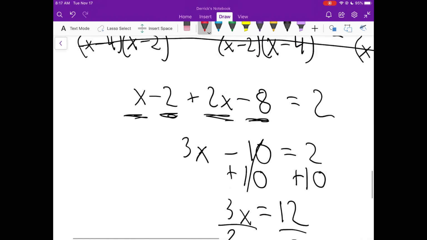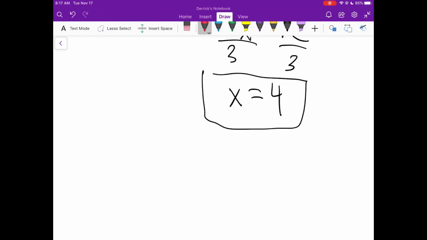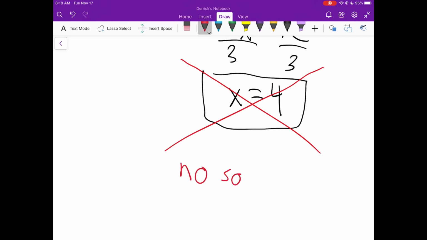And so we can't have an answer of x equals 4, because when we plug 4 back in, it doesn't work. But 4 is the only number we came up with in our math, so we can't get another answer, and this answer doesn't work, which means we are forced to say that there is no solution for this problem.